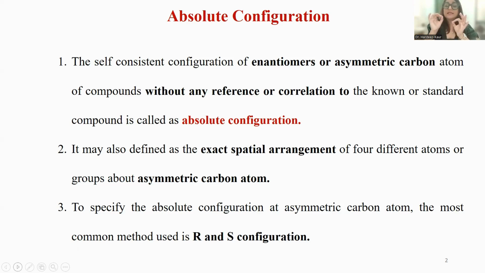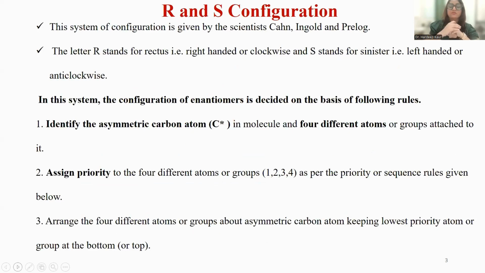You can say it is the exact spatial arrangement of four different atoms or groups of atoms about the asymmetric atom. That is called absolute configuration, which cannot be changed, like R, S, cis, trans. But to specify the absolute configuration in an asymmetric carbon, the most common method is R and S configuration. So we will go further.